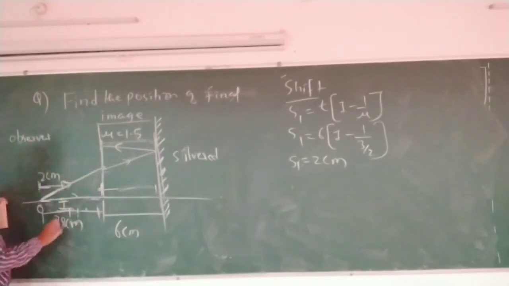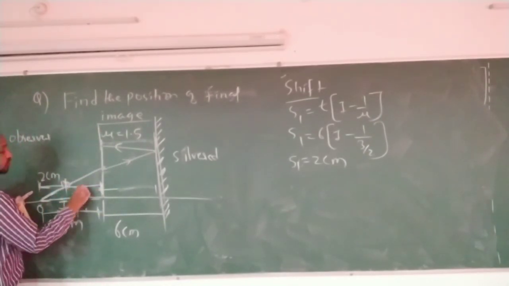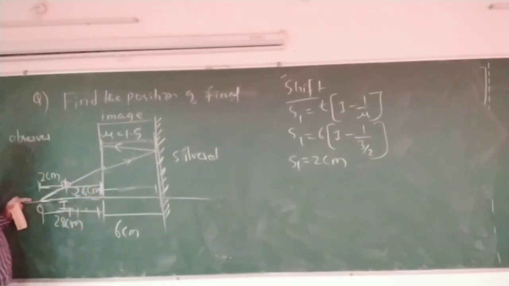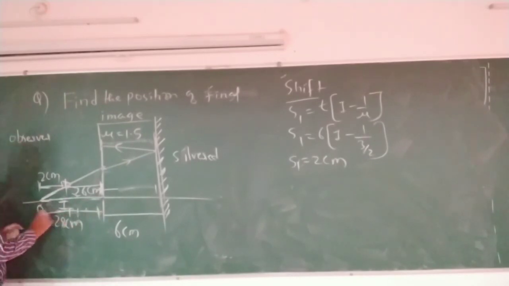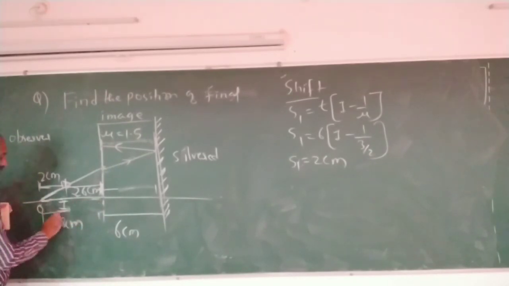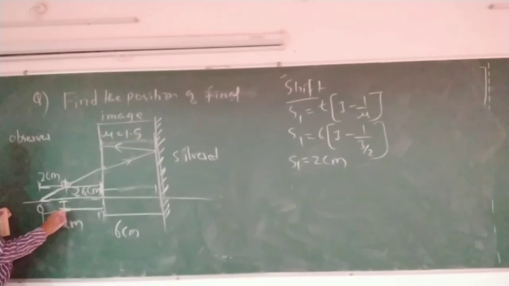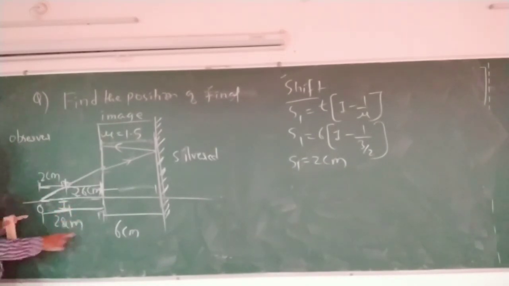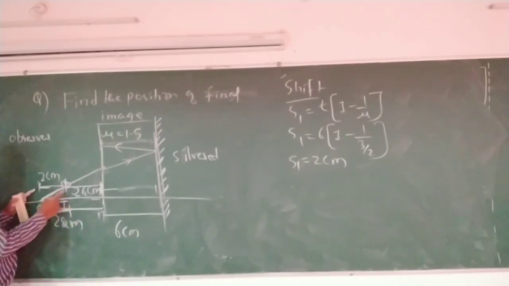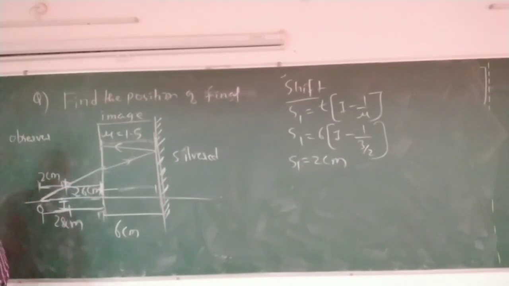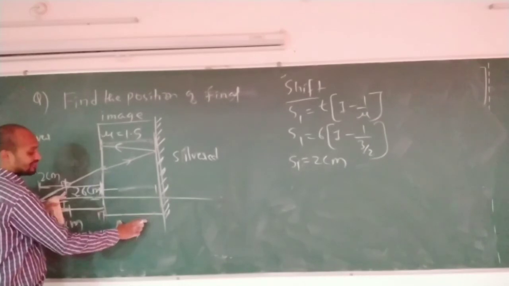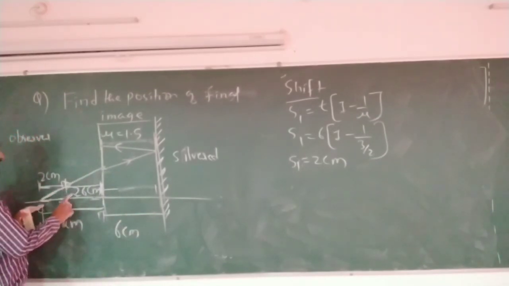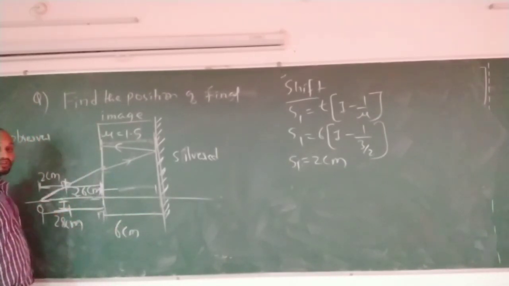S1 is 2 centimeter. So what will be this distance now? This is 28, this is 2 centimeter, so this will be 26. From I1 to the first surface is 26 centimeter, because shift from this object happened 2 centimeter. This 26 centimeter plus thickness of the slab 6 centimeter, how much is it? 32 centimeter.